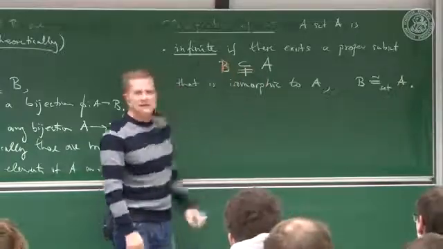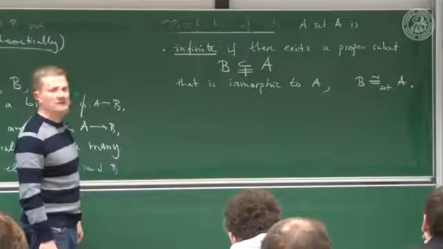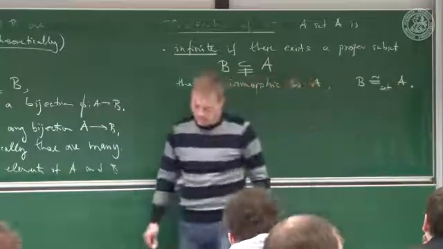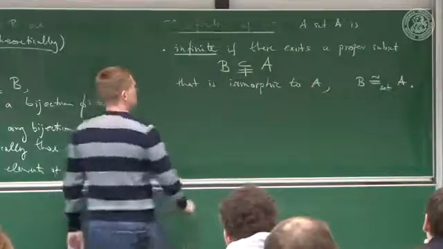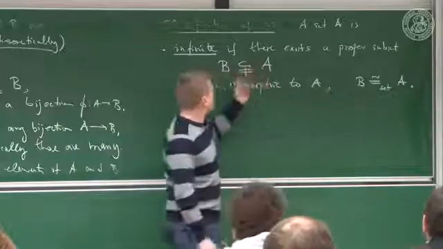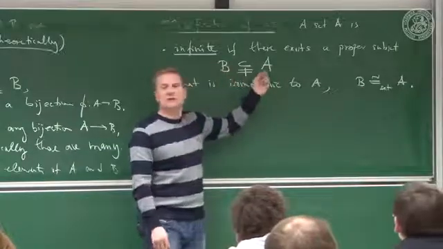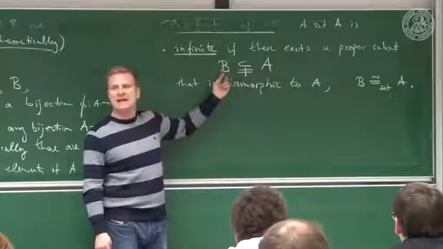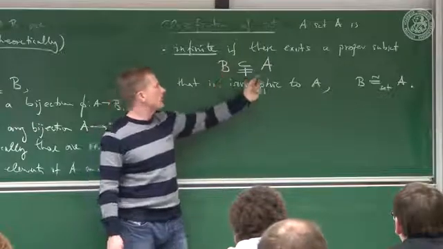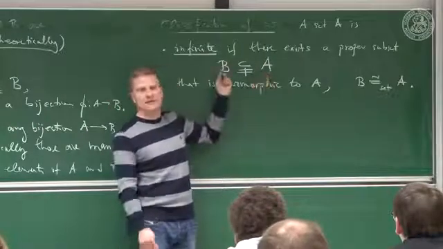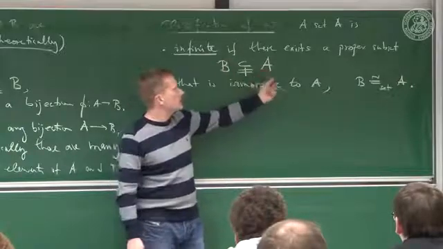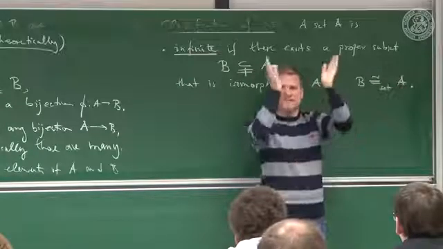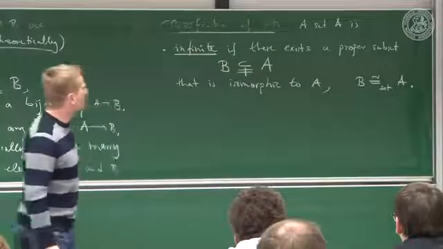But it is precisely the signature of an infinite set that there exists a proper subset such that the subset, however, is still isomorphic to A. So a typical example would be the integer numbers Z and the natural numbers N. N is a proper subset of Z, because minus 1 is not in N. That suffices. But nevertheless, Z is isomorphic to N. You can write down a bijection.